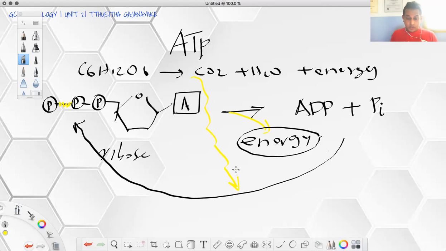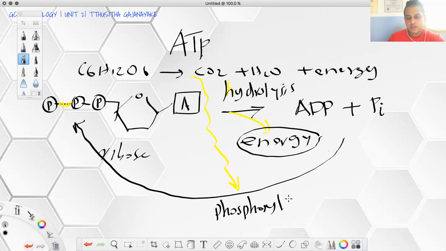So the ATP molecule is the universal energy molecule for all organisms. So this is again hydrolysis. Breaking the bonds is hydrolysis, and making this is called phosphorylation. That is, adding a phosphate group to an ADP molecule is phosphorylation.